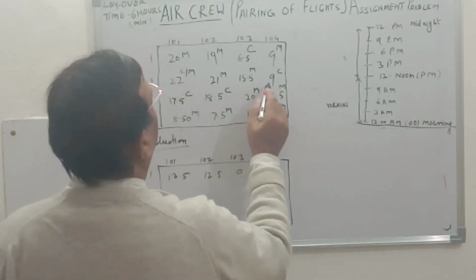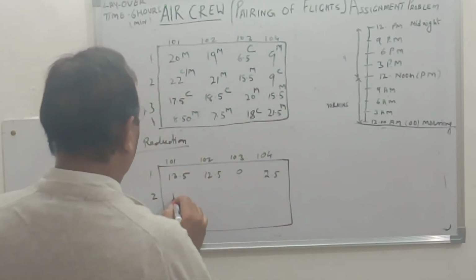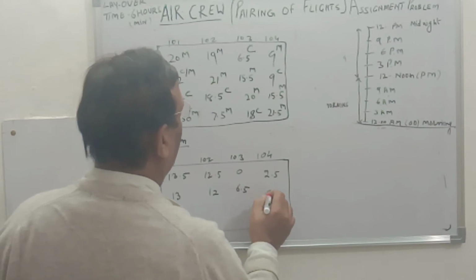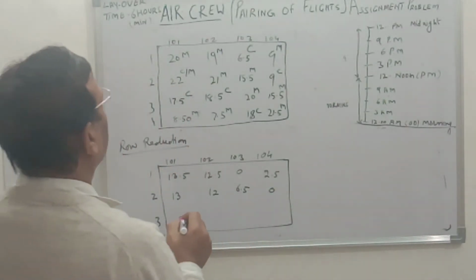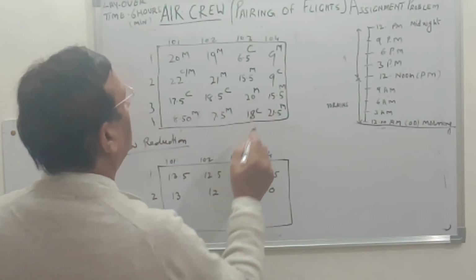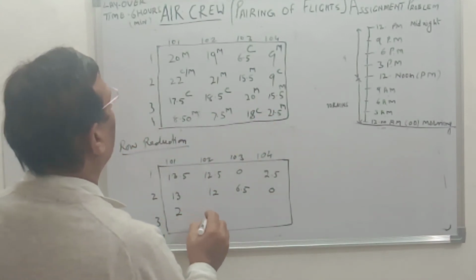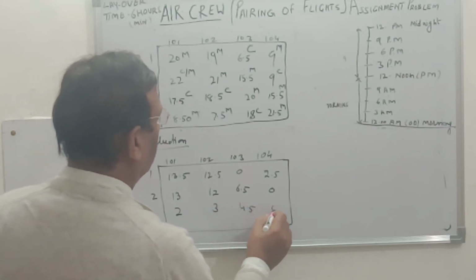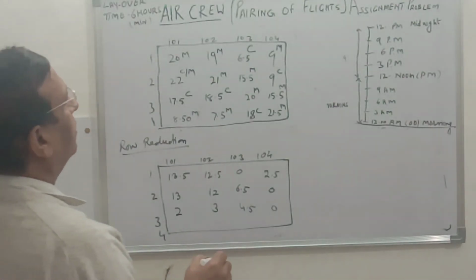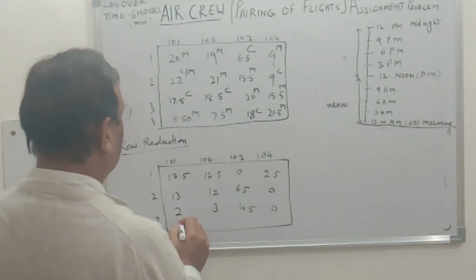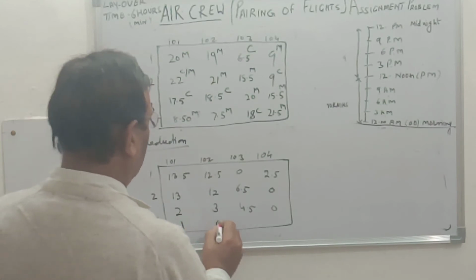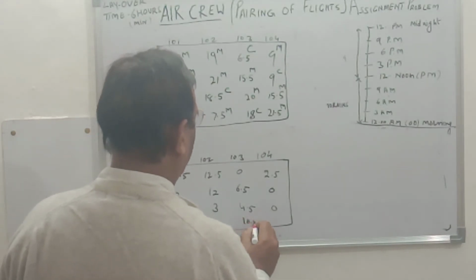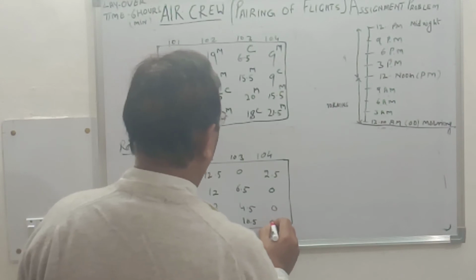In the next row our minimum is 9, 13, 12, 6.5 and 0. And in the third the minimum is say 15.5, 2, 3, 4.5 and 0, and in the last row the minimum number is 7.5, so let it be 1, then 0, 11, 10.5 and 14.